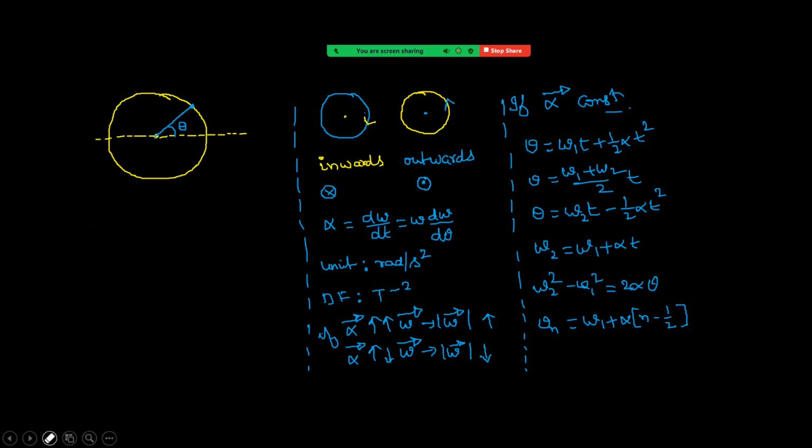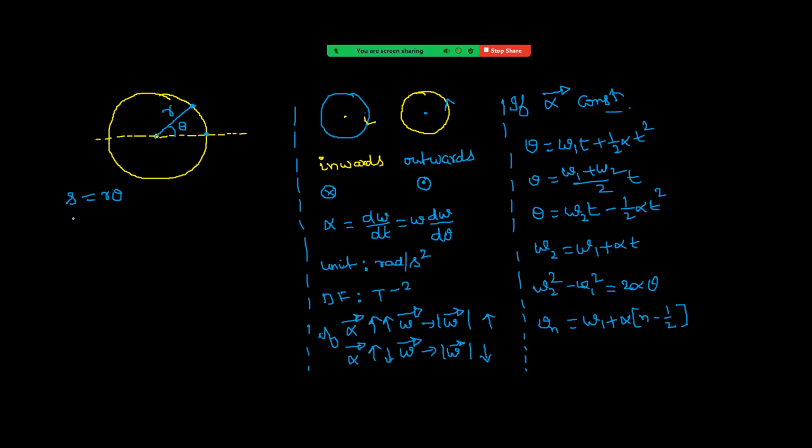Let us see now, first of all, what is distance traveled? Initially, particle was at this position. Now it is at this location. If radius equal to r, distance traveled is nothing but arc length, right? So arc length I'm taking as S. So S equal to r theta.